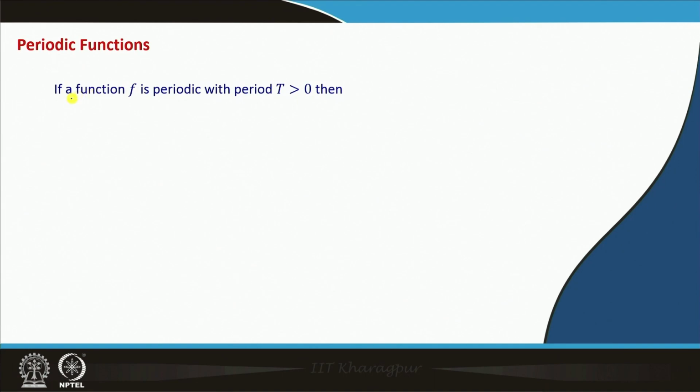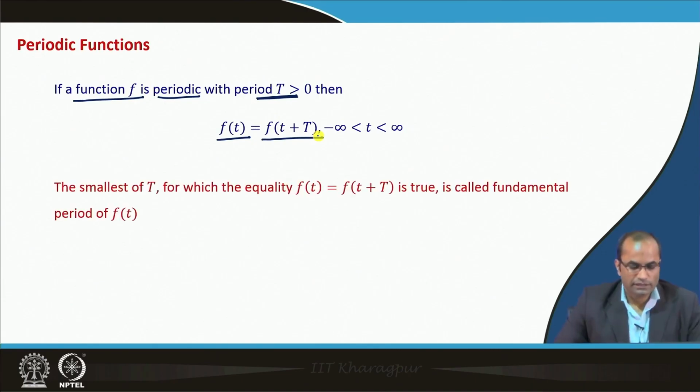If a function f is periodic with period T, then the function value f(t) must be equal to the function value at t plus T, and we call T the period of the function. The function is periodic if this property holds for all t.